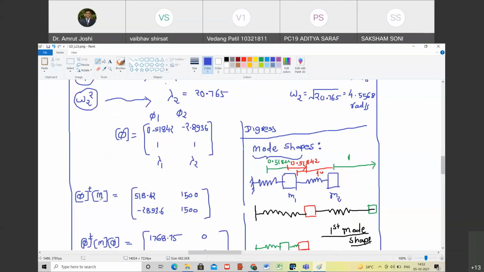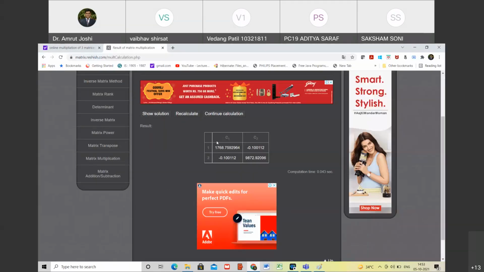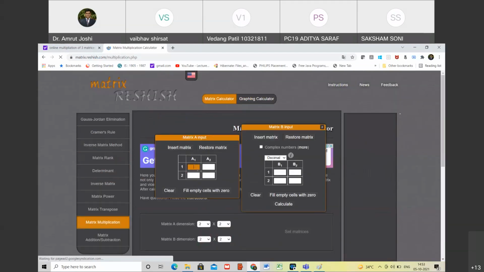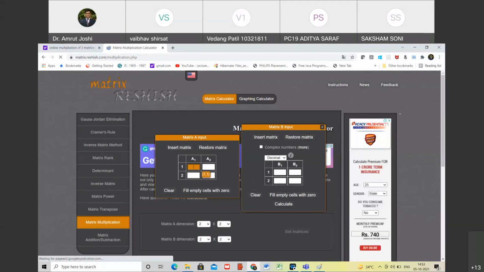I have written. So please help me out in this. So matrix multiplication, set matrices. Tell me the value of phi transpose. Transpose. Okay. 0.51842, 1.